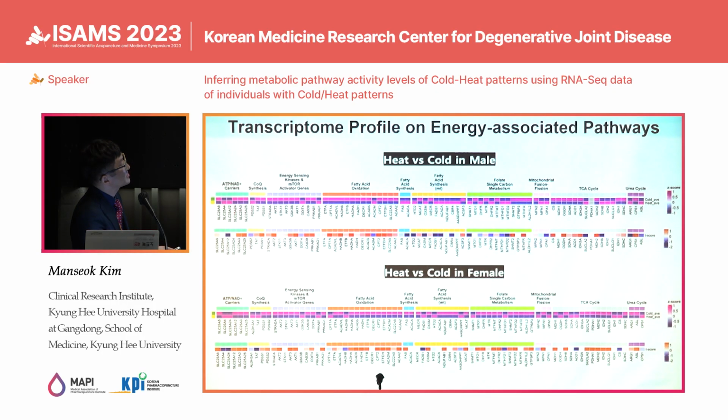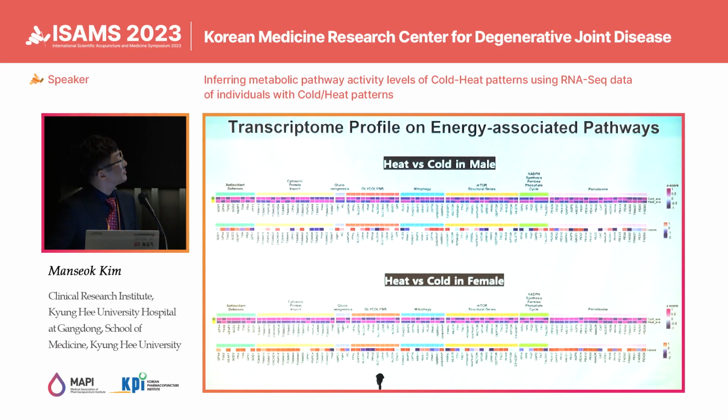Interestingly, fatty acid oxidation, one of the main pathways for energy metabolism, has upregulation again for male with cold pattern, and also female with cold pattern. However, if you take a look at the TCA cycle, some of them went up, some of them went down, so it doesn't really give a clear pattern. So this is what we got for the first page, and then the second page.